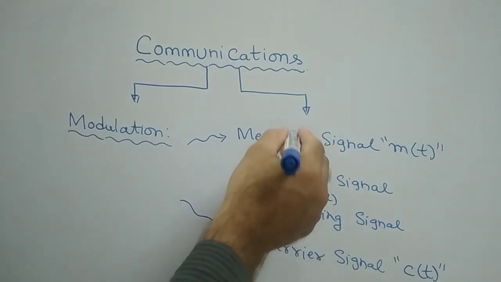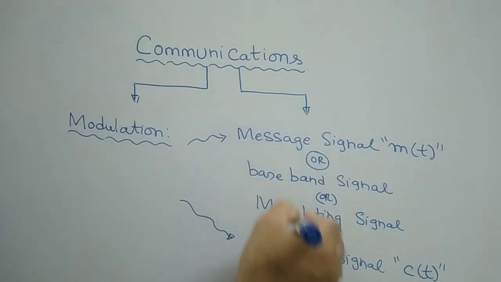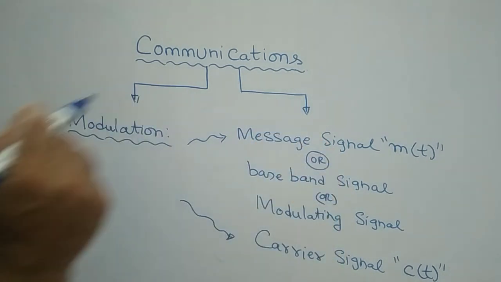What is the difference between the message signal and the carrier signal?